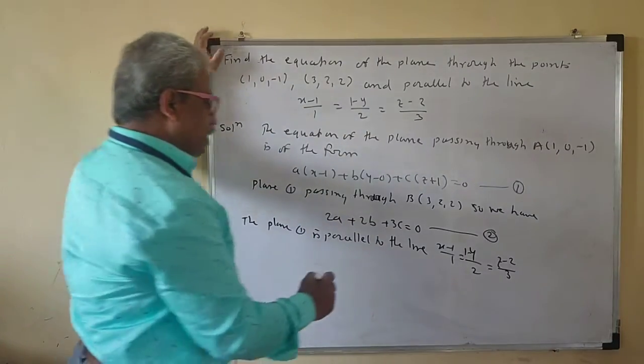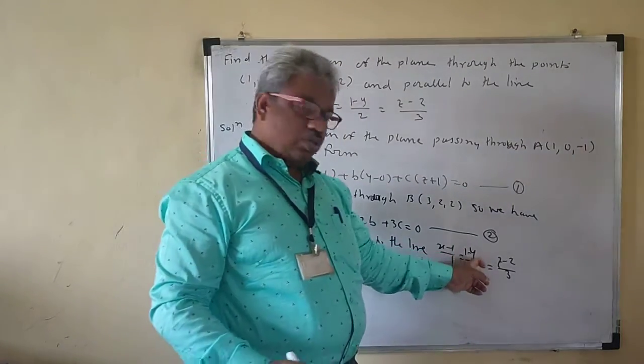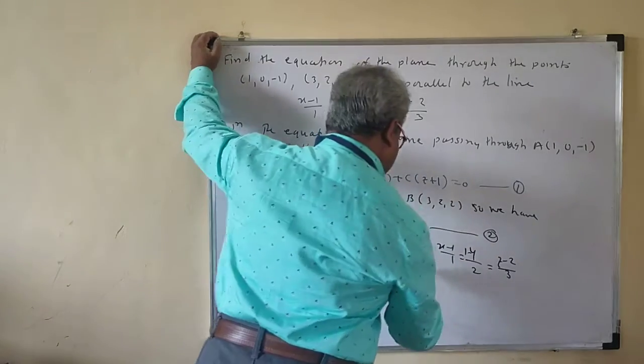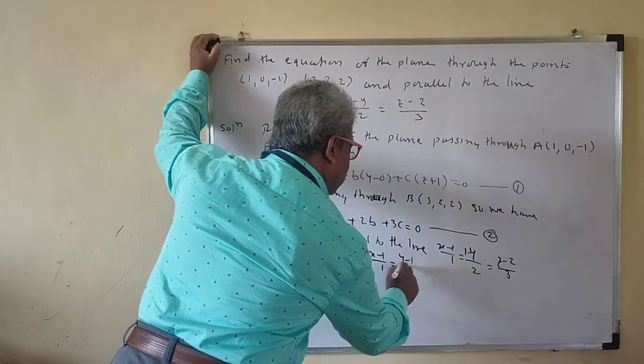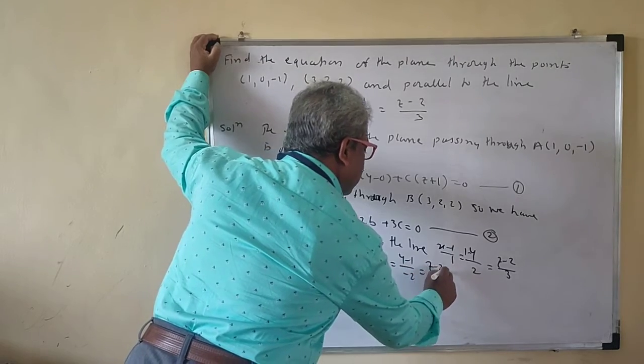Okay. So you have to rearrange this because you want y minus 1. So that is (x minus 1)/1 = (y minus 1)/(minus 2) = (z minus 2)/3.